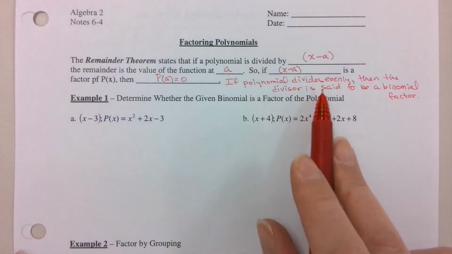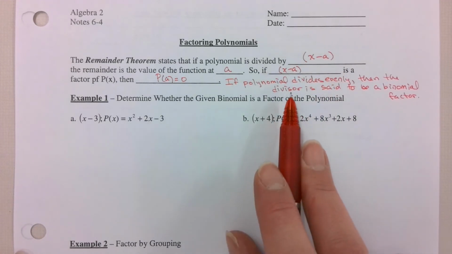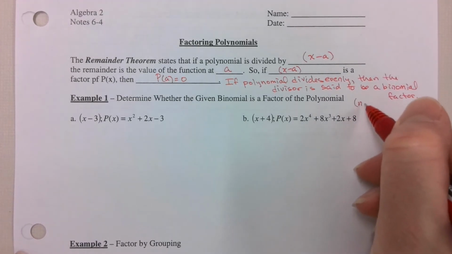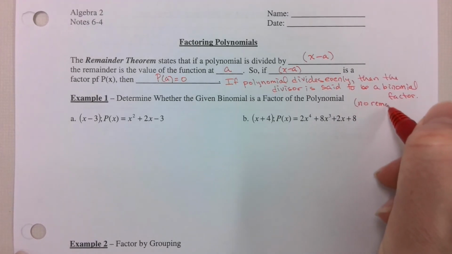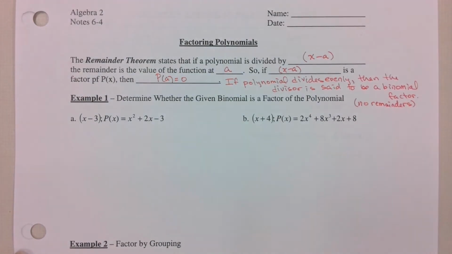So if a polynomial divides evenly by this x minus a, this binomial factor, then the divisor is said to be a binomial factor. Basically, if there are no remainders, that should make it easier. If there are no remainders, then we've divided evenly.